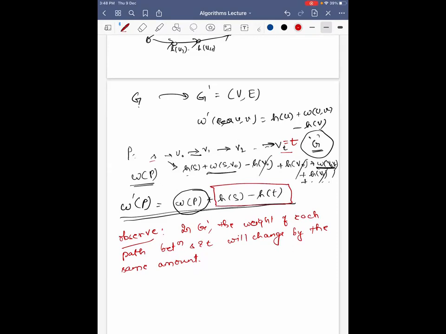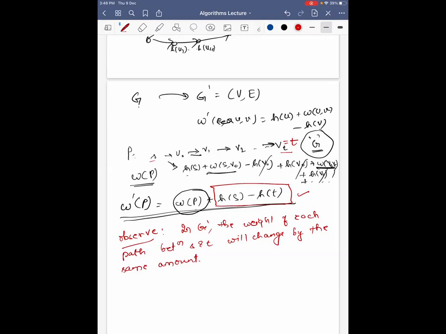This is completely independent of the particular path that we have chosen, the amount by which this change is happening. Yes, sir. So all the paths between S and T are going to change by the same amount. So if P is the shortest path between S and T in G, then it will continue to remain the shortest path between S and T in G dash. Because every path between S and T is going to change by the same amount.